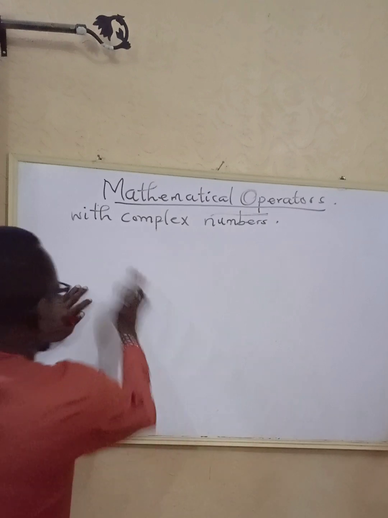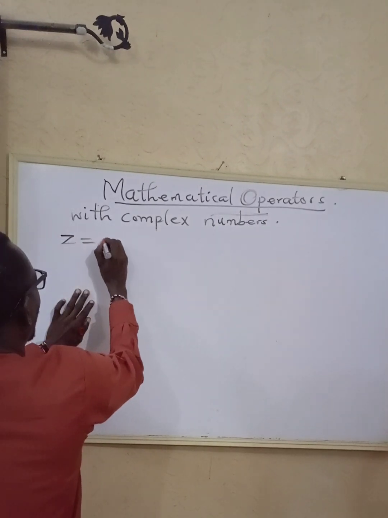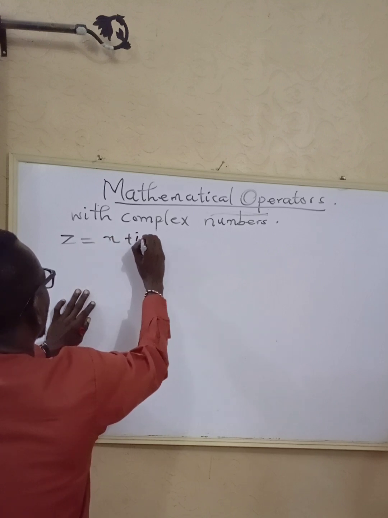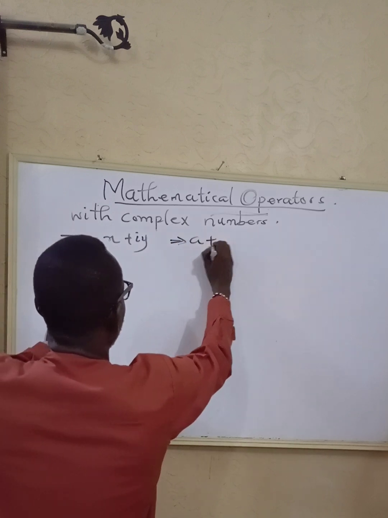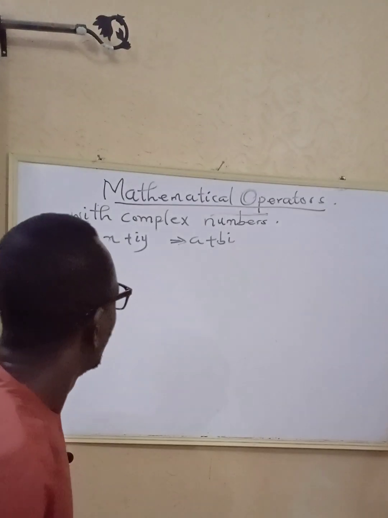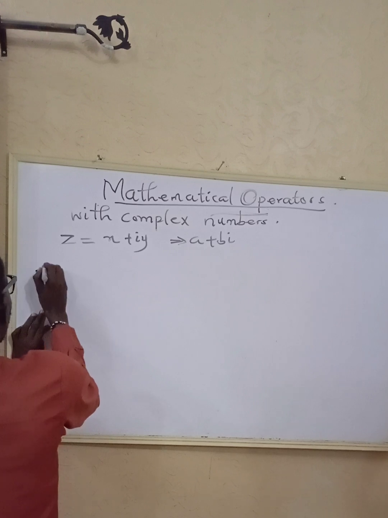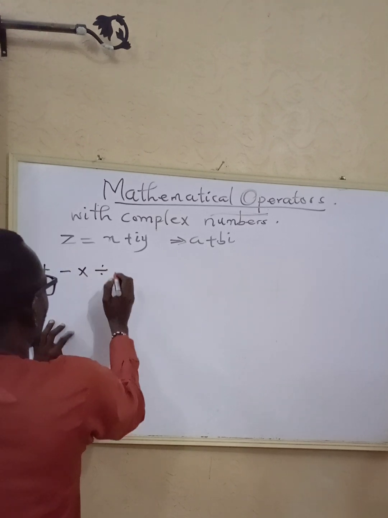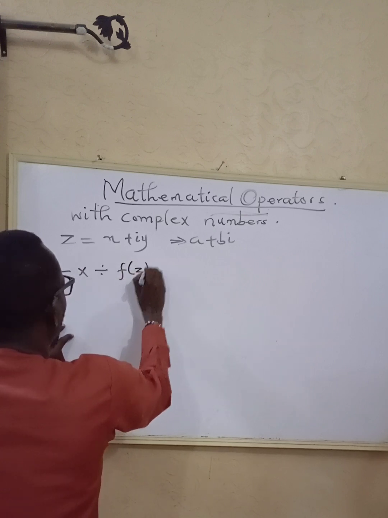We have concluded that a complex number has the form x plus iy, which is the same thing as a plus bi, depending on your choice. From this, we have mathematical operators which are positive, negative, multiplication, division, a function of a particular z of this form.